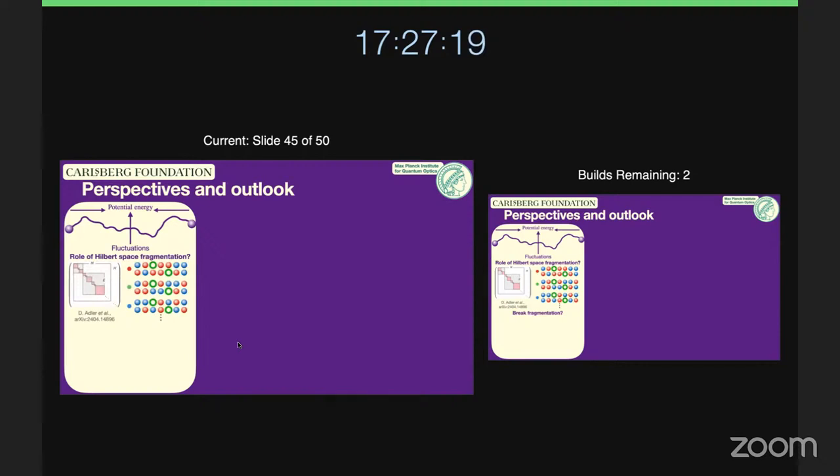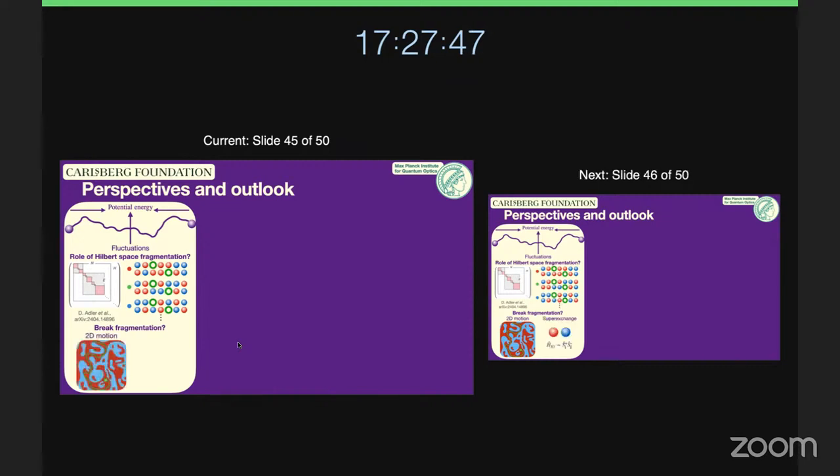Now it turns out that the model I've been looking at is a fragmented model. It has Hilbert space fragmentation. At the moment, it's not clear to me what the role of this is. Is this essential for the model? A nice future prospect would be to break this fragmentation and see what happens to this pairing.